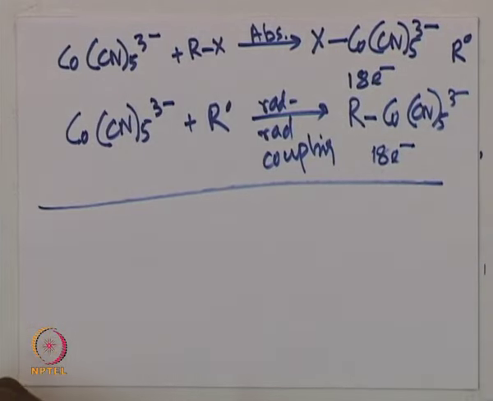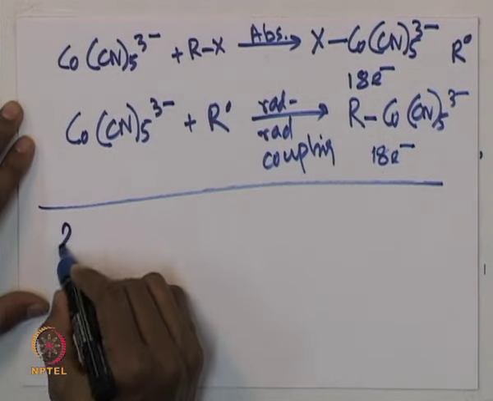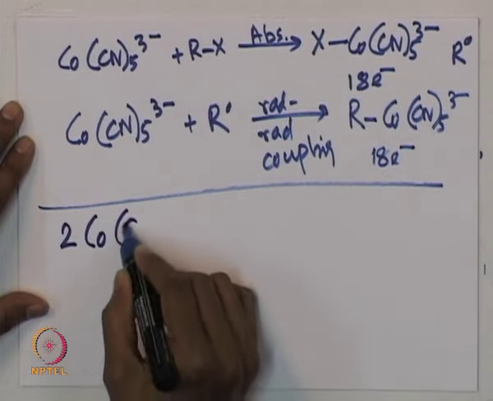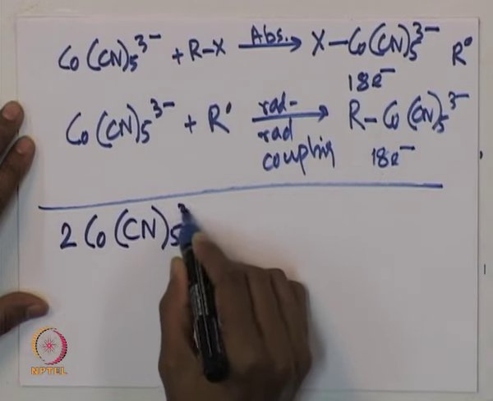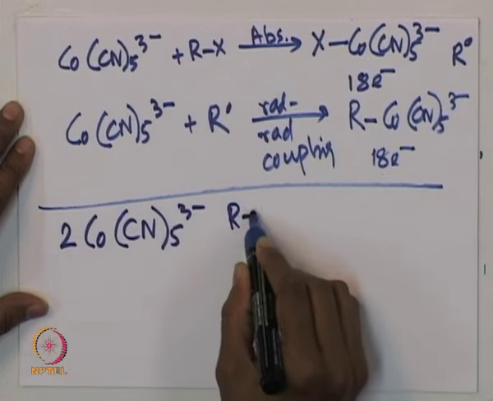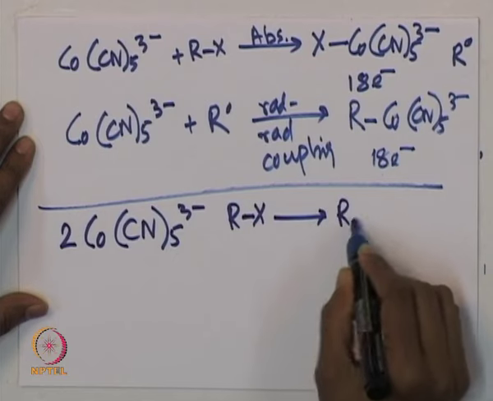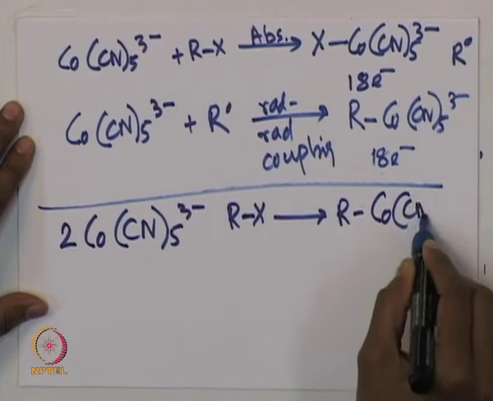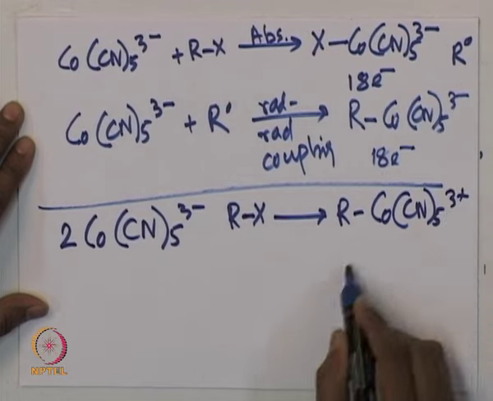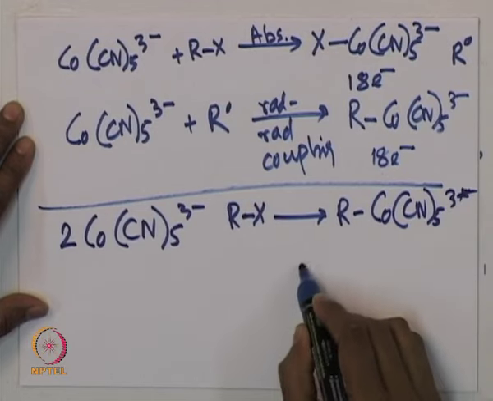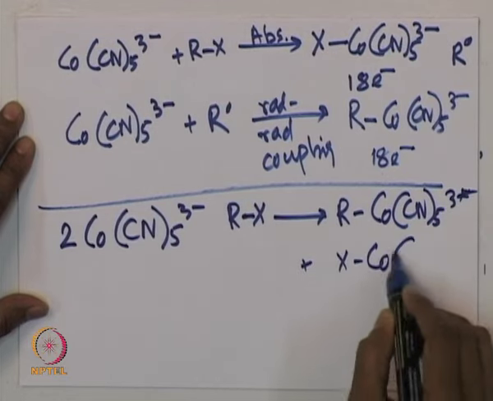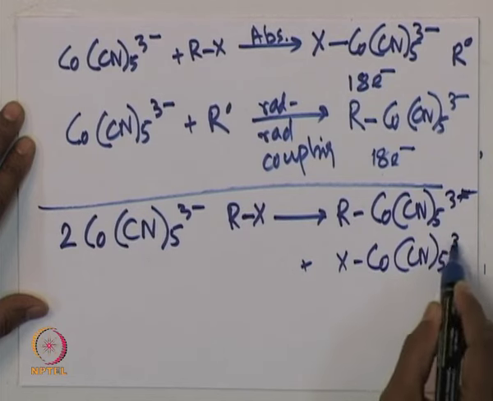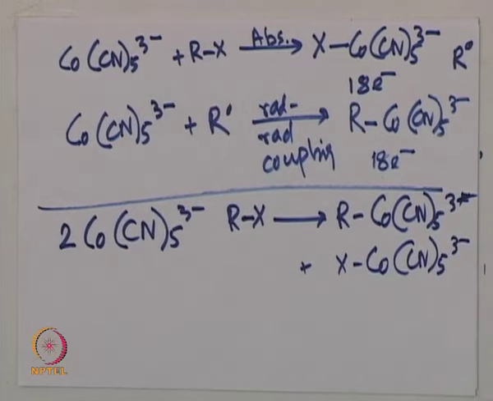So, if you combine these two steps, overall we will have 2 molecules of the cobalt species reacting with RX to give RCo(CN)5 3 minus plus XCo(CN)5 3 minus, right. So, this is how radical reactions work. You have seen radical reactions before. The mechanism is rather straightforward.